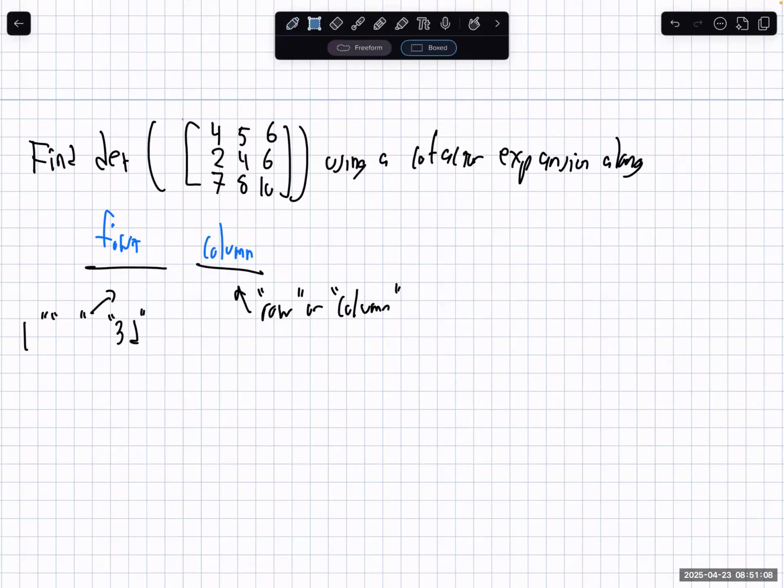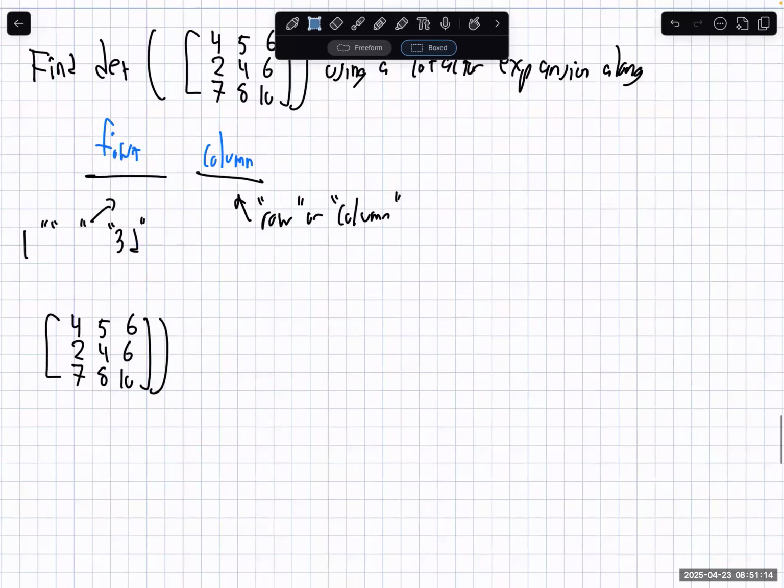Okay, so take the matrix. Put the checkerboard under it.